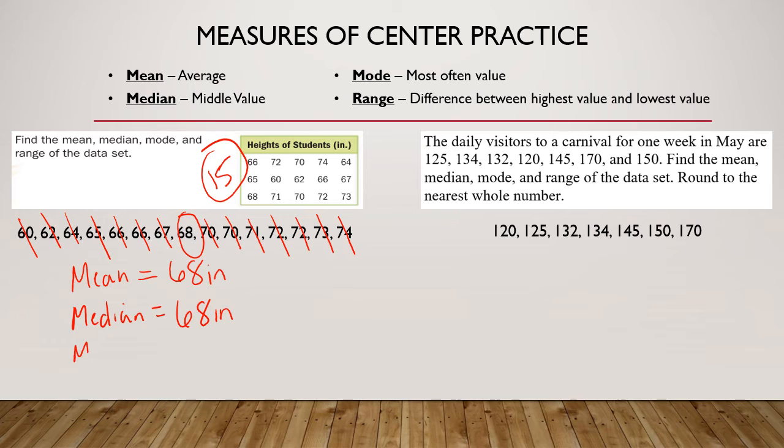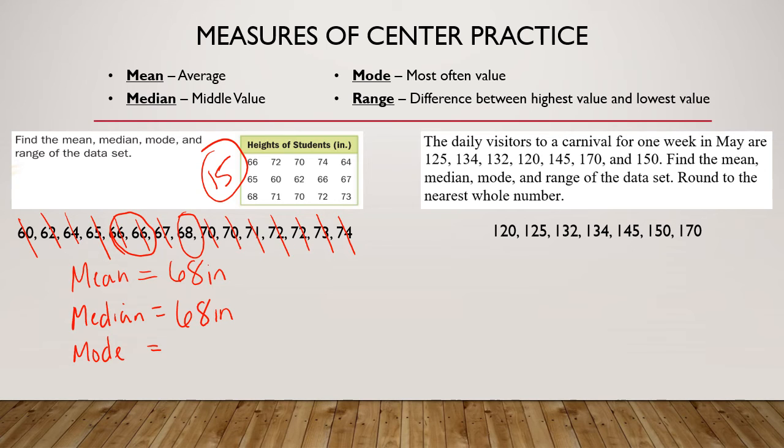The mode for this set of data brings up an interesting point. The mode is the most often value, or the one that occurs the most. And if you look at the set of data, and this is another reason why I like to have them in order from least to greatest, there's actually more than one mode. So there are 2 66s, there are 2 70s.